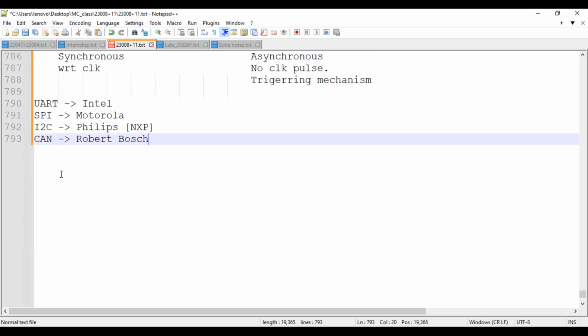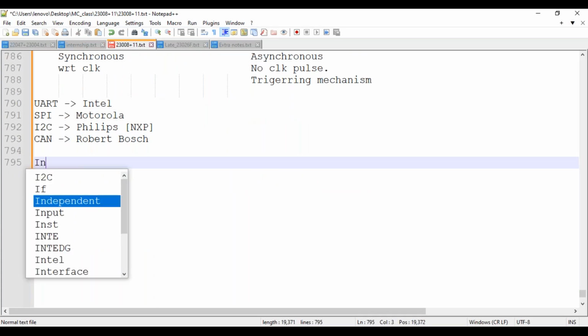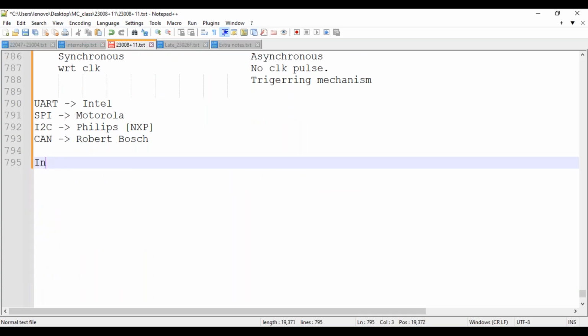Now, before I start with the UART communication protocol, there's one small topic called inter... The CPU is the one which is actually communicating using parallel communication. Okay, parallel communication is already happening on your CPUs.